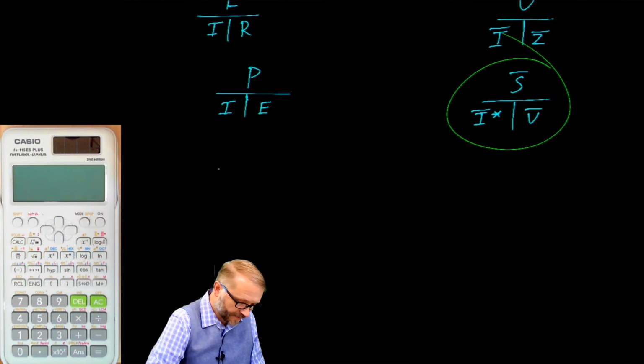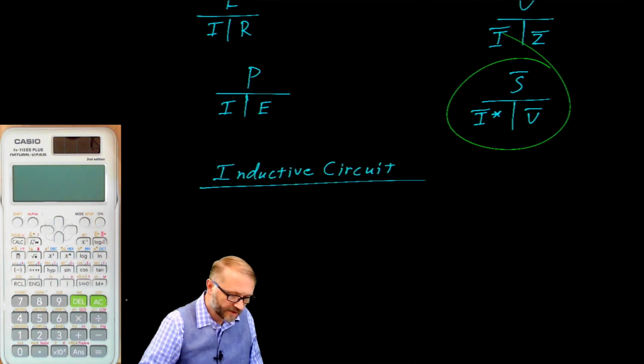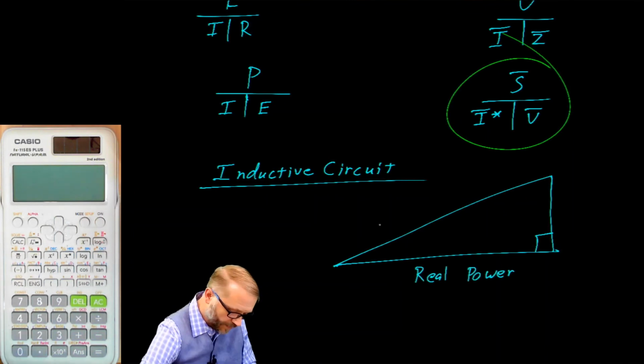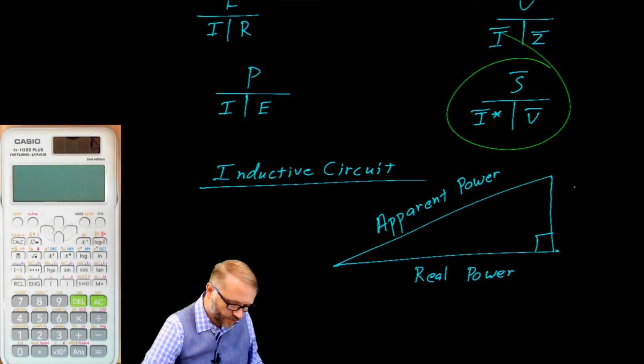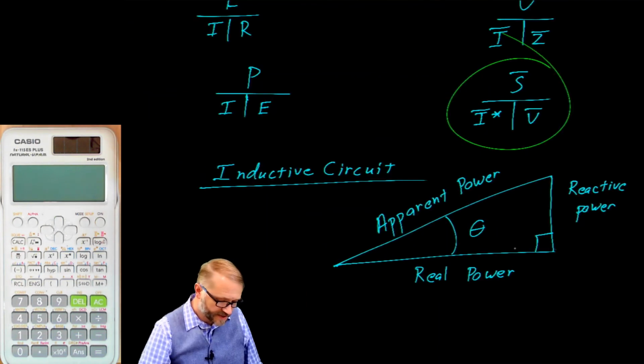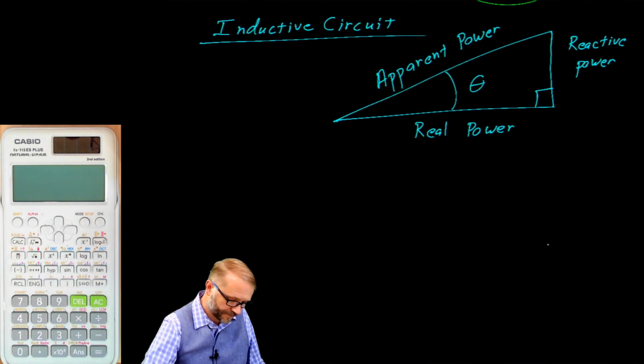Speaking of power, in an inductive circuit, we have what's known as a power triangle, where we talk about real power, apparent power, and reactive power. This will make more sense in the next chapter, but for now, just realize this is all a discussion about the phase shifts between current and voltage.